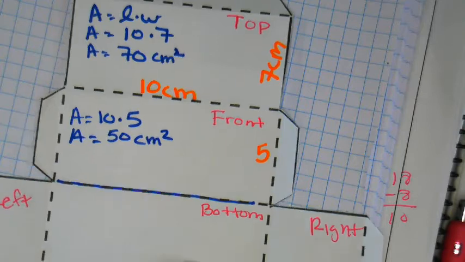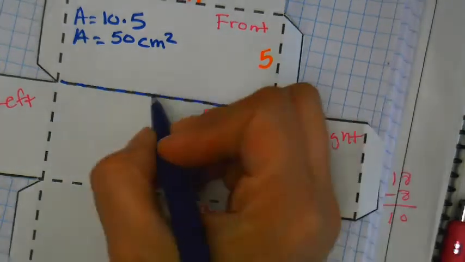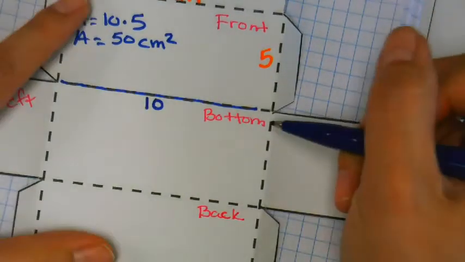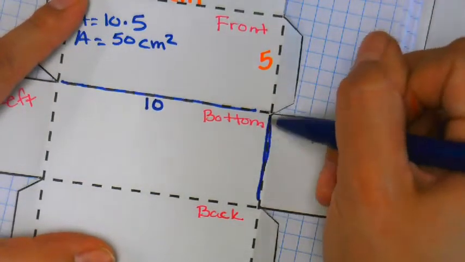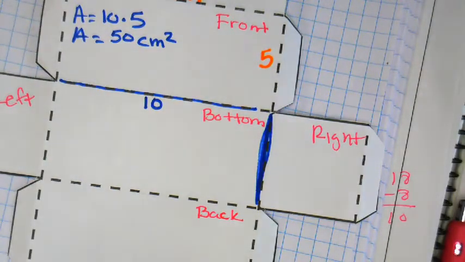What would be the bottom? 10. Now this one. 5. How many of you say it's 5? How many of you say it's 7?